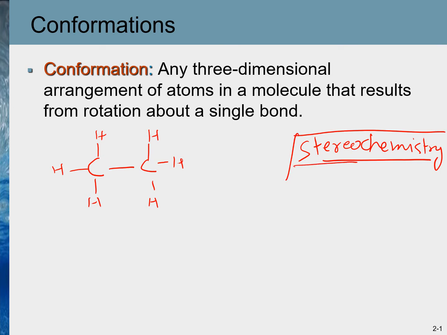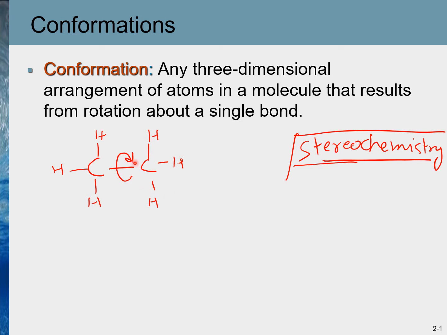We must remember that the rotation occurs around the carbon-carbon single bond. So it means that this bond can freely rotate. Thus, when there is a free rotation around this bond, the hydrogens on one carbon adopt different orientations relative to the hydrogens of the other carbon.